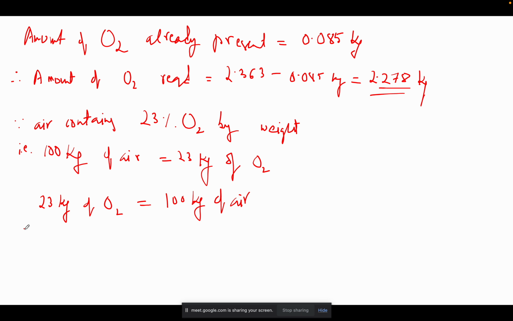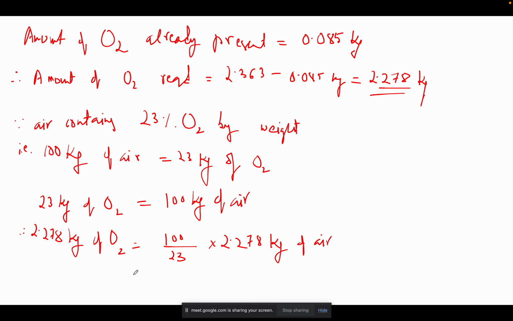Therefore 2.278 kg of O2 will be equal to 100 by 23 into 2.278 kg of air. So this is 9.9 kg of air.